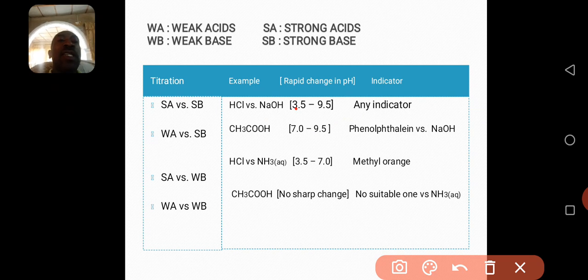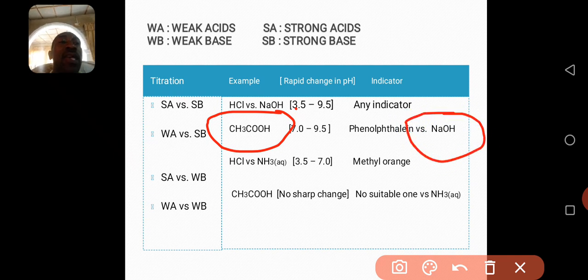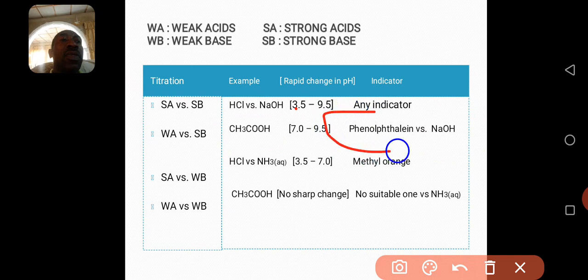Then if we are titrating a weak acid against a strong base, for example, ethanoic acid, a weak acid, versus a strong base, sodium hydroxide, please don't mind the error in that place. Ethanoic acid versus sodium hydroxide, we can use phenolphthalein. That's the suitable indicator to use.